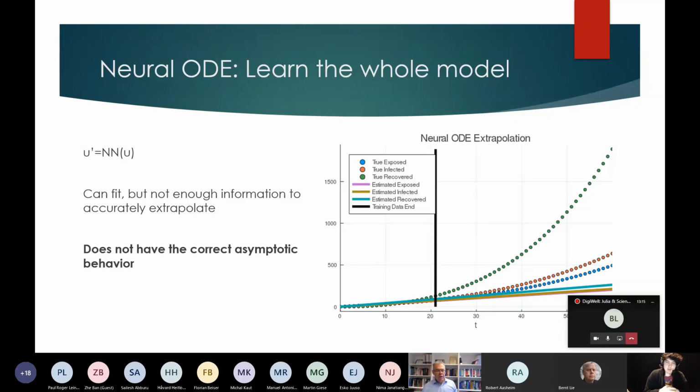You can say U prime equals some function, you want to learn that function, and so you just replace it with the neural network. What you'll get from that is you'll learn something that is representative of the dynamics in the training data. Here I train it from 0 to 21 days, and then I extrapolate out from that, and I ask the question: how well has it actually learned the dynamical system?